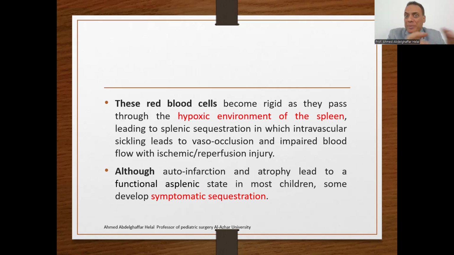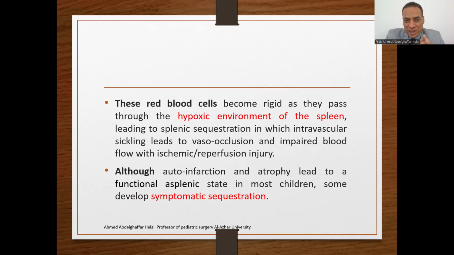With ischemia and reperfusion, when the blood flow returns, there is an injury called reperfusion injury. So one can assume that if the sickling happens in the spleen, it will become auto-infarcted and atrophied, leading to a functional, what's called asplenic state. However, some children may develop symptomatic sequestration.